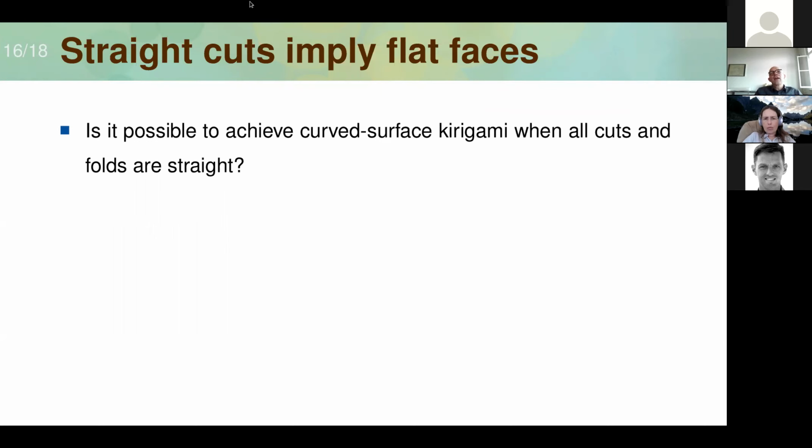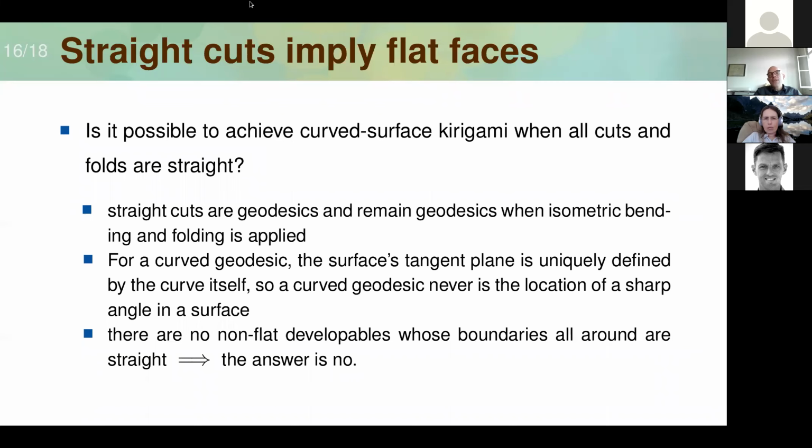So if the cuts and folds are along straight lines, then really all the faces of boxes in our Kirigami structure have to be flat. And the way we can see this is as follows. A straight cut is a geodesic, a shortest curve. And when isometrically bending and folding this into space, shortest curves remain shortest curves, so they remain geodesics.